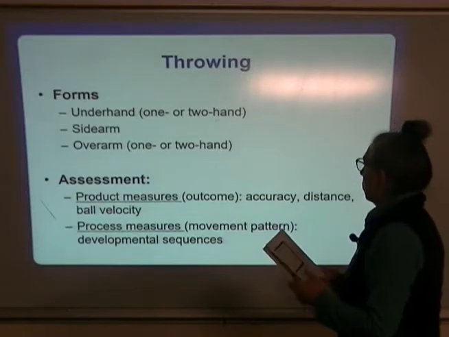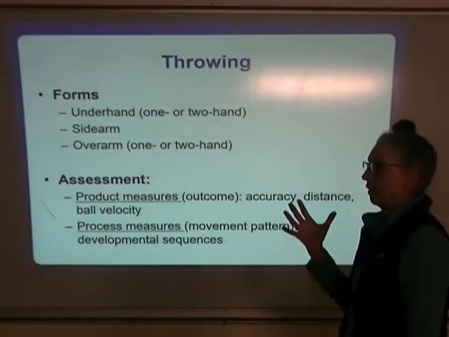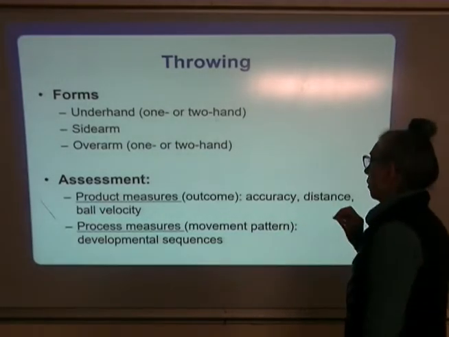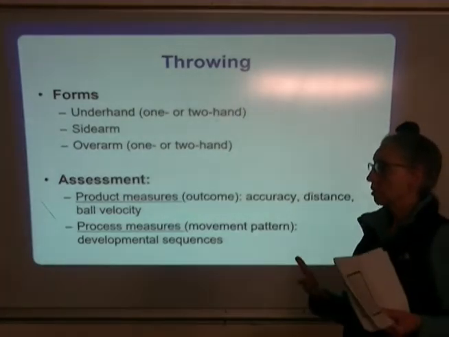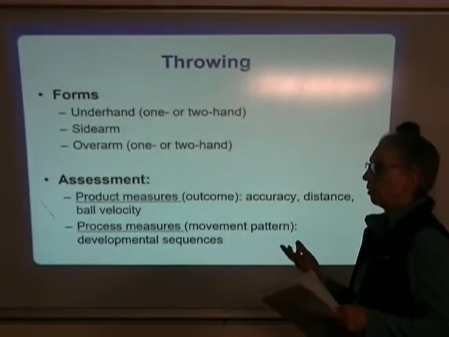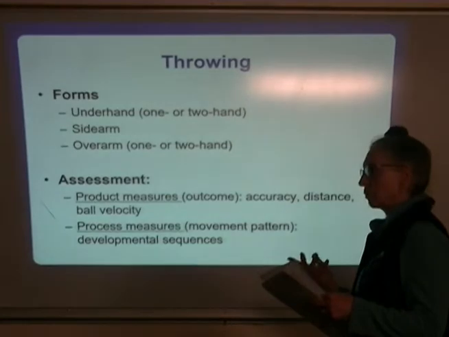So we want to really consider here the assessment of throwing. All right? So we could do a product assessment where we're looking at the outcome, right? How accurate was the throw? How far was the throw? How fast was the throw?